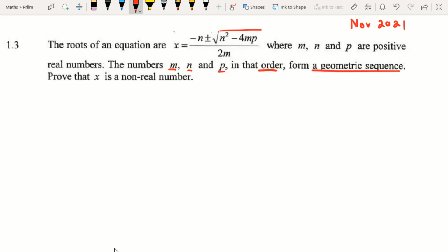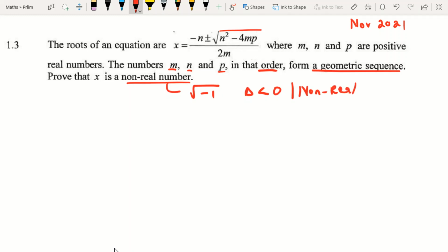Prove that x is a non-real number. Whenever you talk of a non-real number, it's basically that the root gives you a negative, or the discriminant is less than 0.